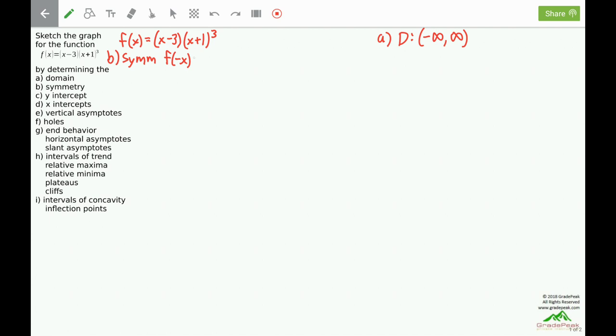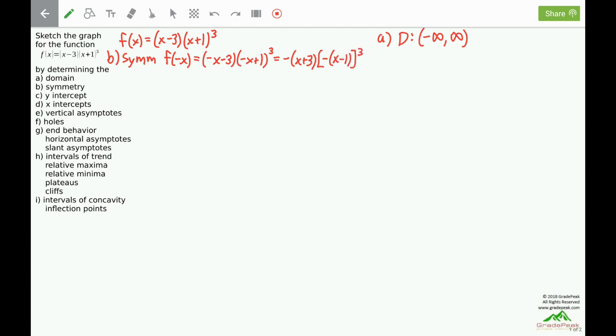f of negative x is negative x minus 3 times negative x plus 1 cubed. We can factor a negative out of the negative x minus 3, which will leave behind x plus 3. And we can factor a negative out of the negative x plus 1, which will leave behind x minus 1.